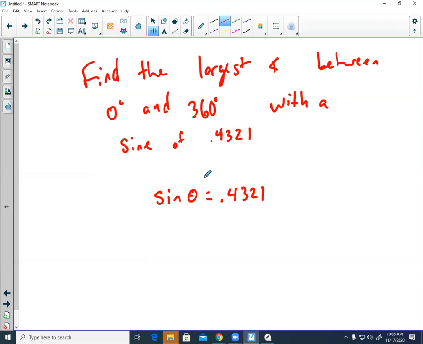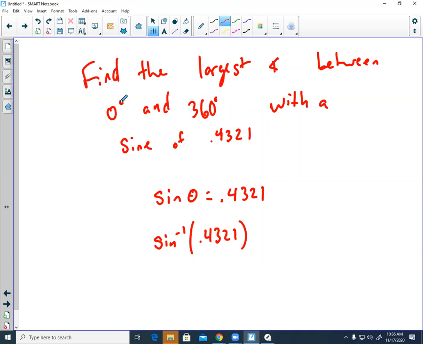This is asking for the largest angle. Your calculator is only going to give you one angle. You have to understand that there are multiple sine values, multiple cosine values, multiple values that are going to produce the same exact answer. So for sine of 0.4321, I'm going to do the inverse sine of 0.4321.